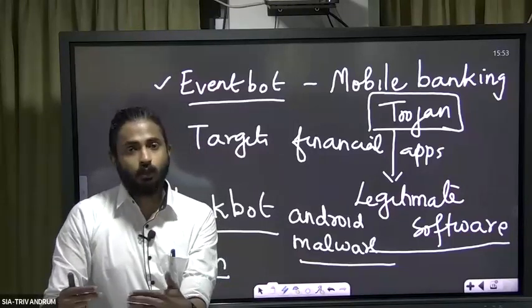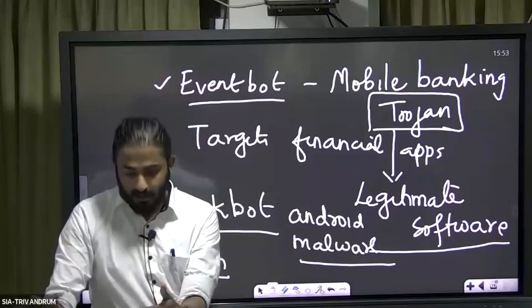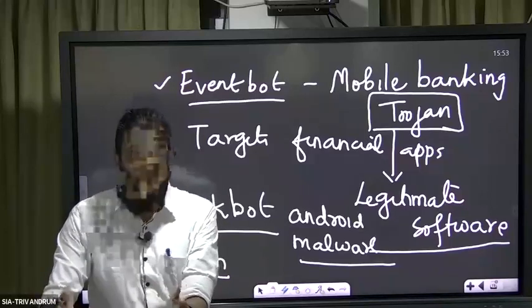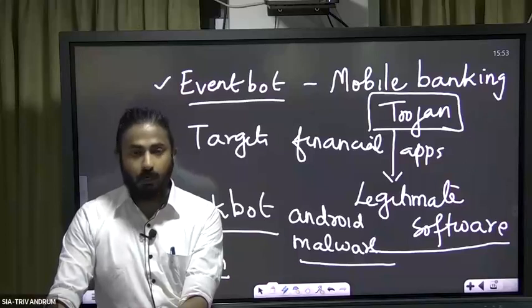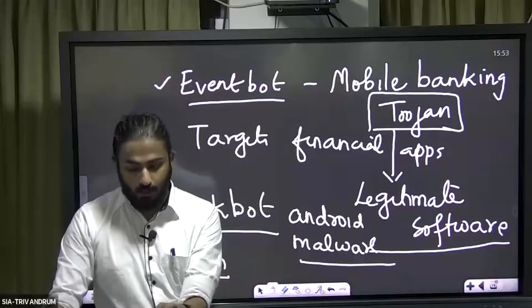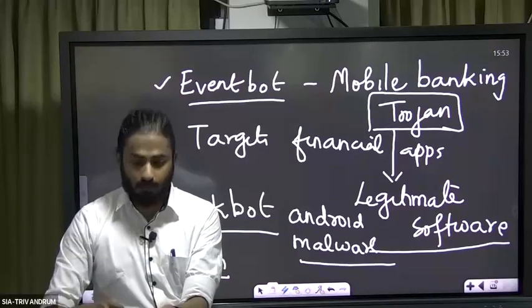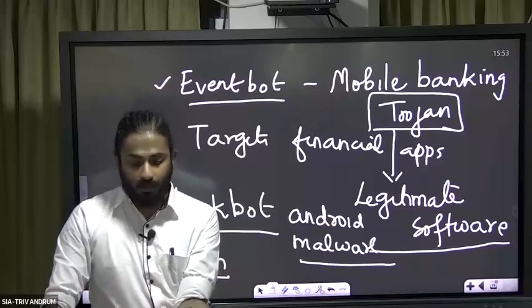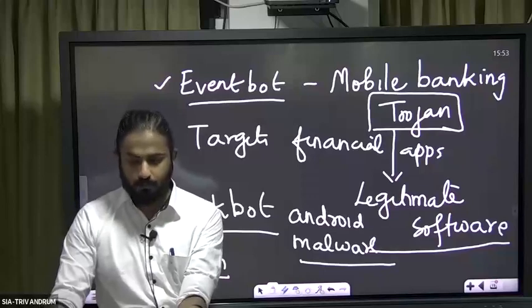It also steals sensitive information like passwords, credit card information, etc. So this is being targeted by Event bot, Blackbot, etc. These were both Trojans which have been in use in the last 1 year.